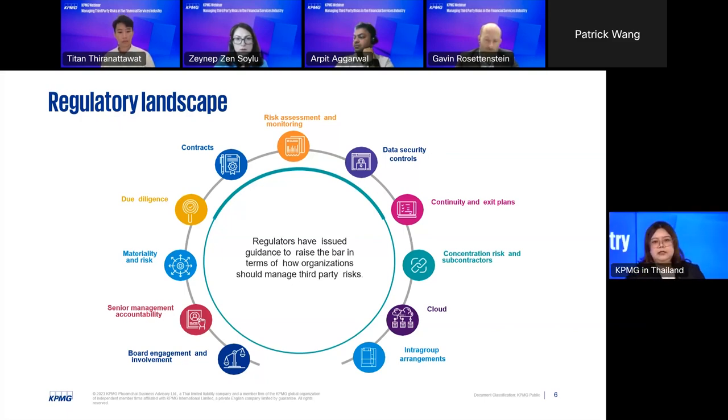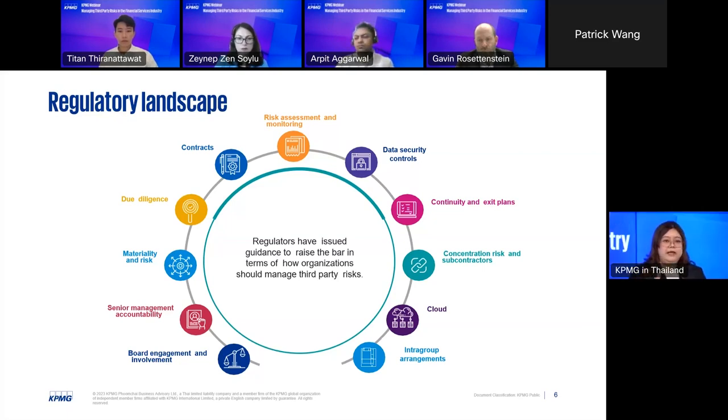We already see local regulators require you to make sure that you have the continuity plan, or a plan to deal with that problem. If your third party has some interruption, regulators will focus on how you deal with that one.